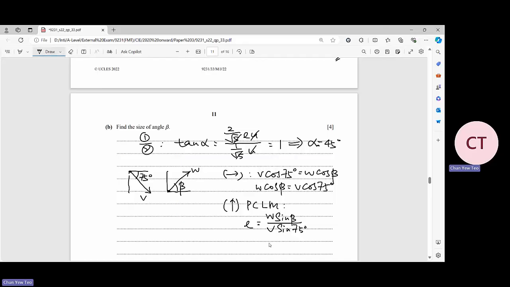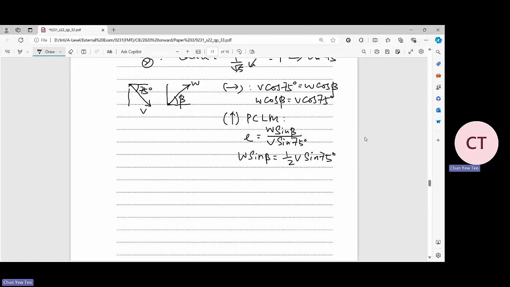Then we already know the value of e. The e is a half. So you will have W sine beta is equal to half V sine 75. Yeah, this is what we have.